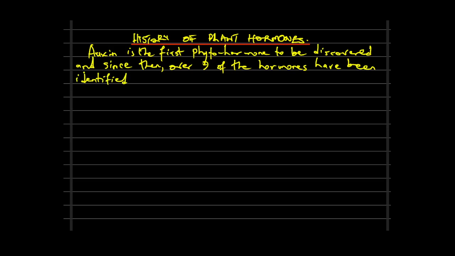Over 9 of these hormones have been identified, and each of them has its own specific chemical constituents, structure, and function.